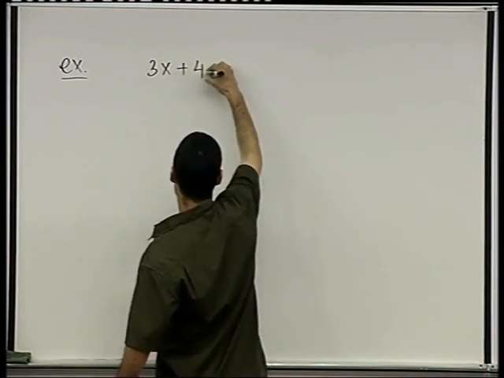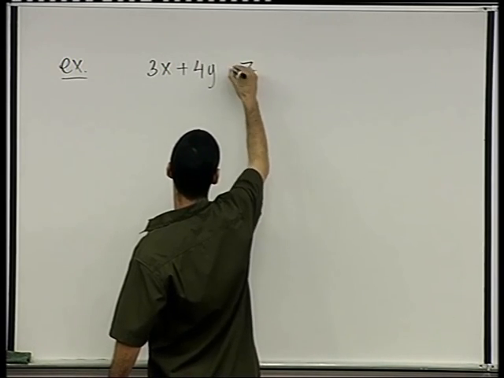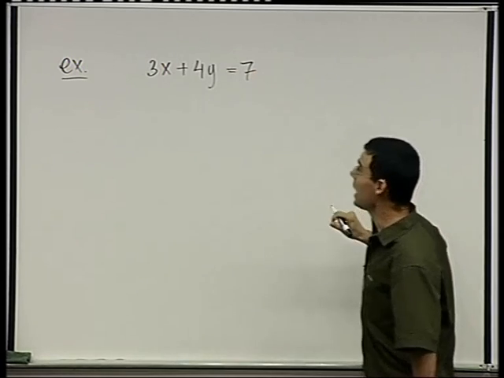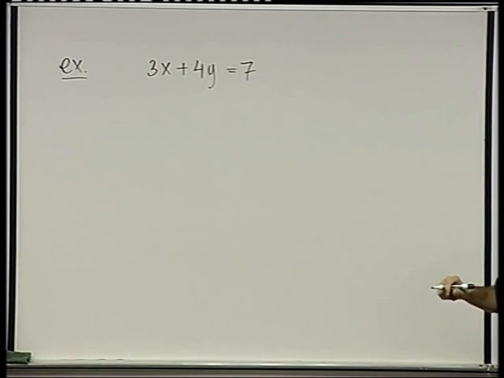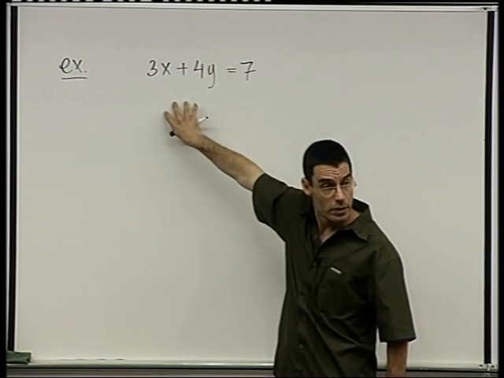3x plus 4y equals 7. Often when we do examples, we won't call all the x's by x1, x2, x3, etc. If there are just a few of them, sometimes we just use different letters for them. So this is a linear equation with two unknowns, right?